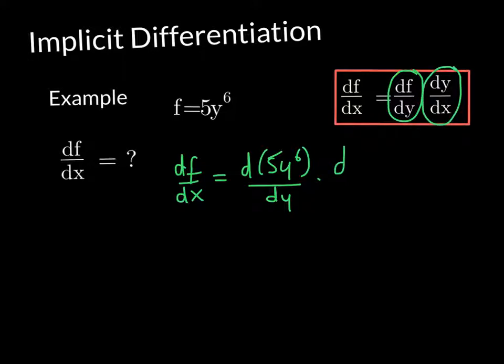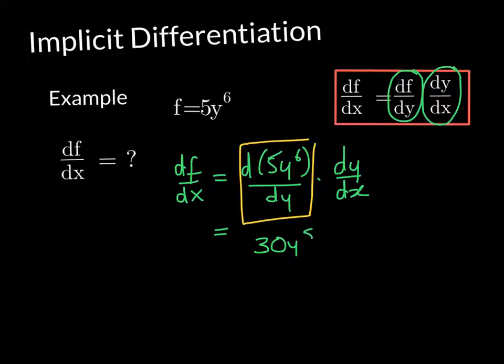So we don't have an expression that tells us how y and x are related, so we can just say the dy by dx. So we can now just differentiate this function here in terms of y, and that gives us 30y to the power of 5, and then that's just multiplied by the dy by dx. And that's actually just our final answer for that example.